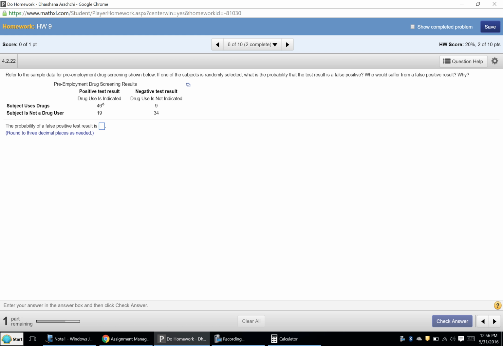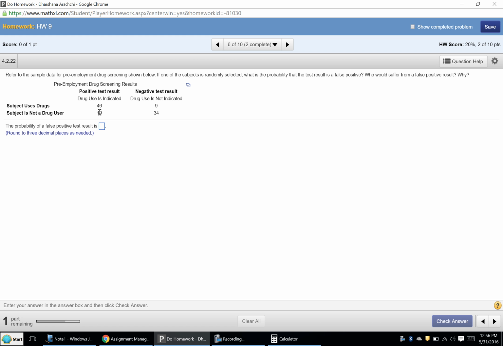How do you explain 46? 46 means the subjects truly use drugs, and the test positively identified them as drug users. 46 of the time this particular drug test correctly identified the subjects as drug users.